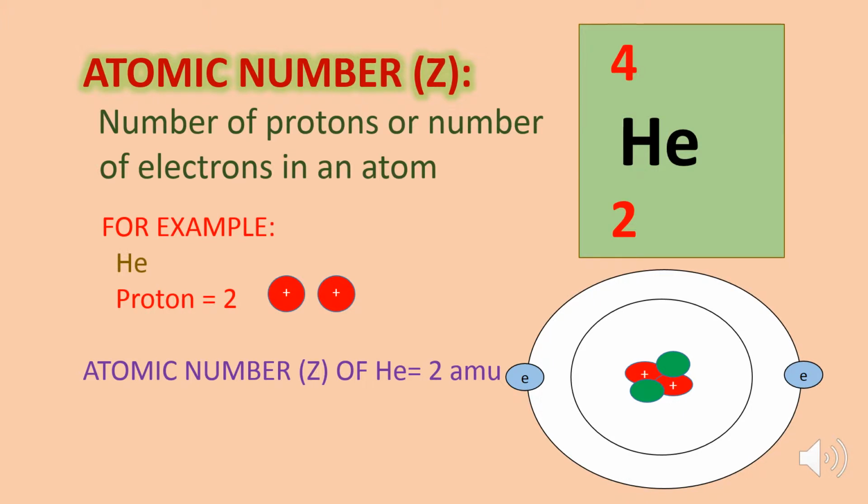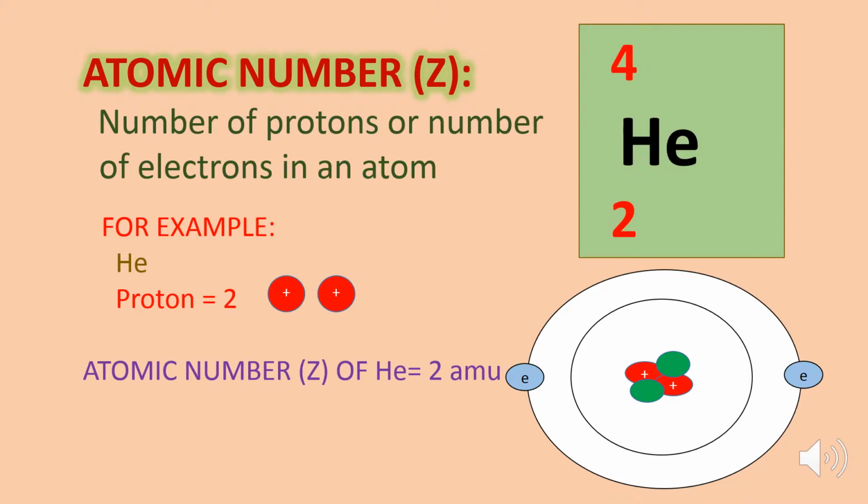Look at the atomic structure of the helium here, and we have two protons present inside the nucleus of an atom, which are shown by the red circles. So here the atomic number of the helium is therefore 2 AMU. Here 2 denotes the protons present inside the nucleus of a helium atom.